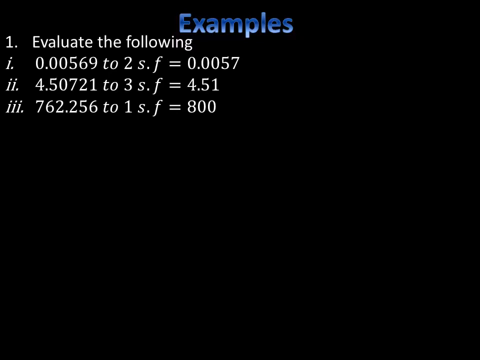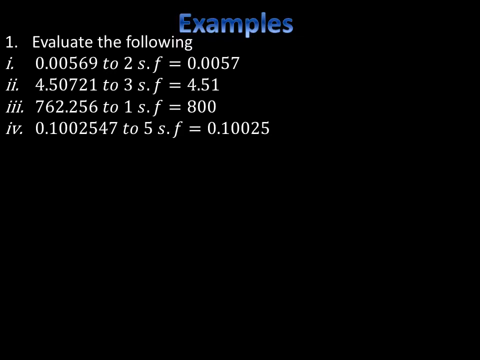The fourth question says 0.1002547 to 5 significant figures. Here we have to see 5 digits, just like we have in our definition that if 0 comes after the first digit, then that 0 will also be treated as a significant figure.